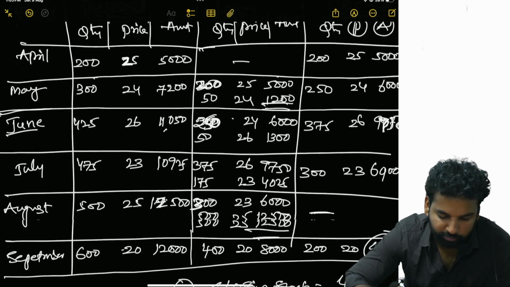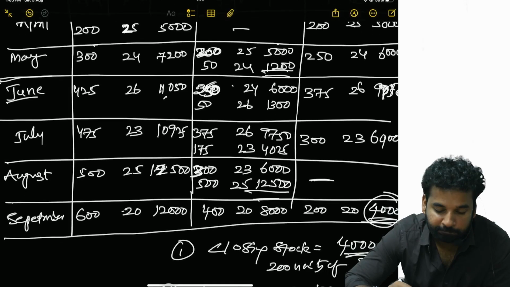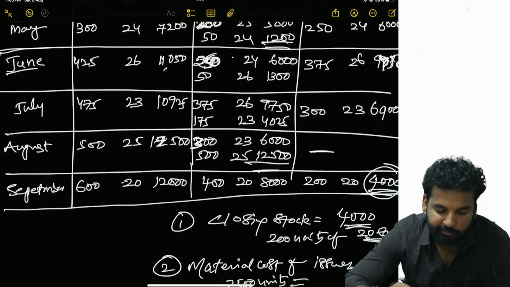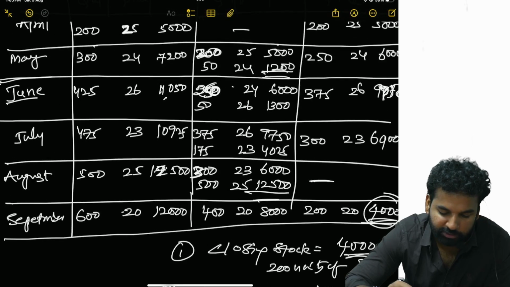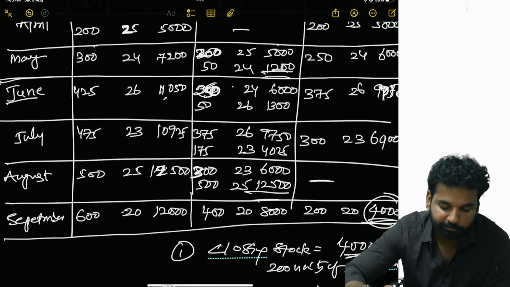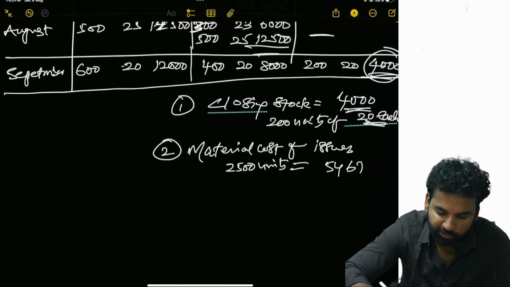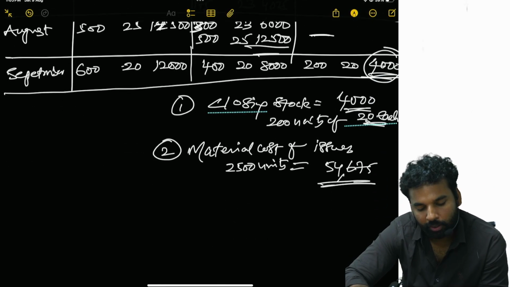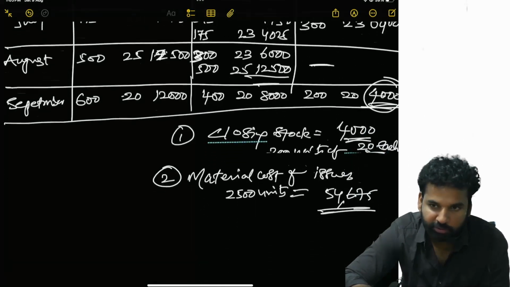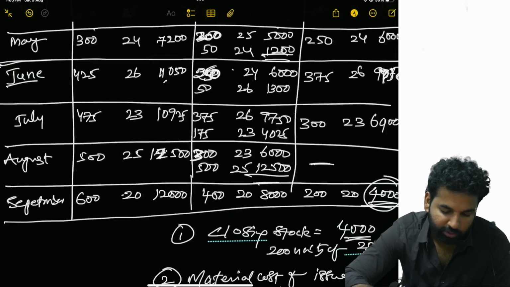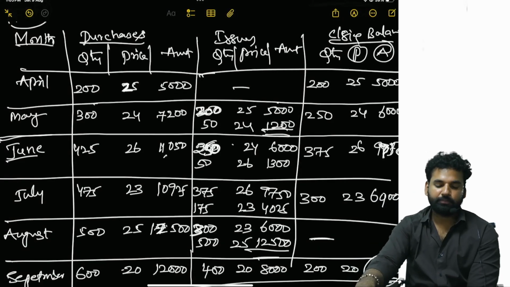Total value is enough. 5,000 plus 1,200 plus 6,000 plus 1,300 and so on, 54,675. Okay, right. Purchase cost will be same in both the methods, correct? So this is what FIFO method.